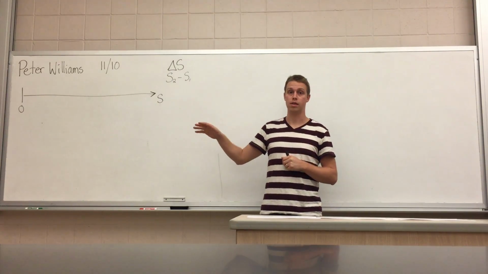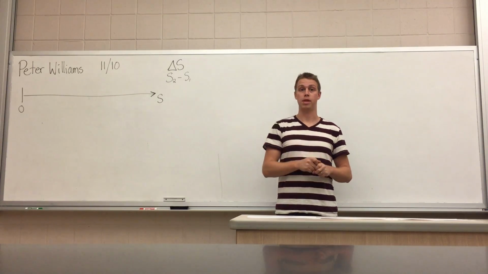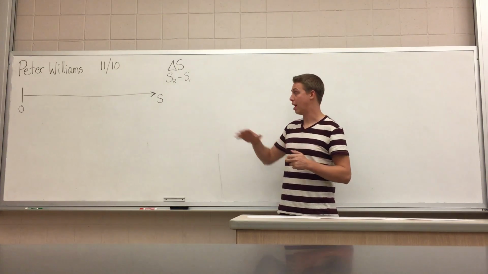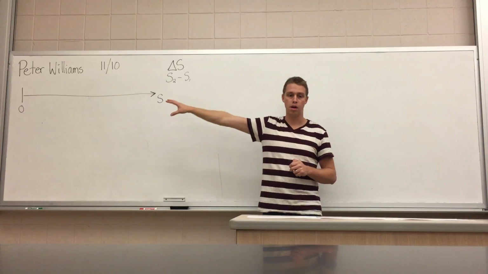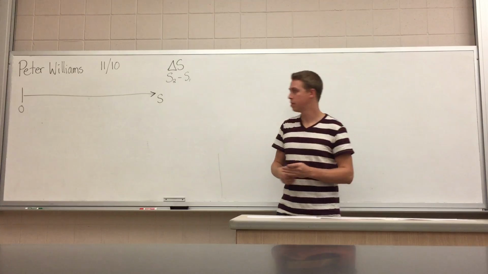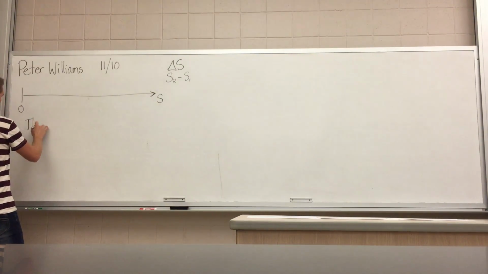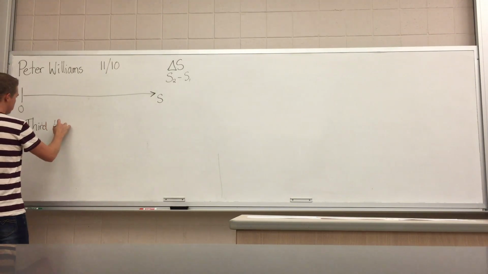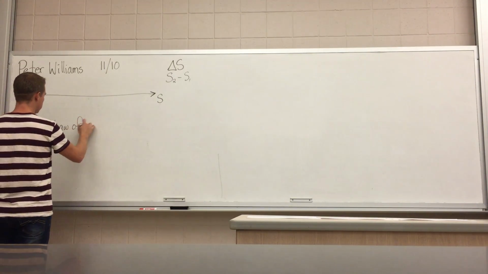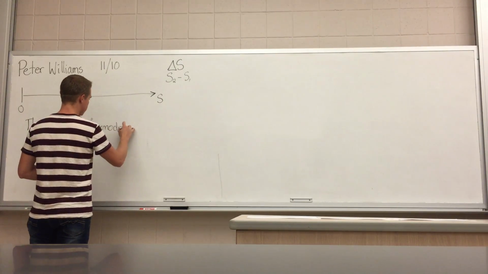Neither of those quantities, their 0 points didn't require a law. But with entropy, we do. We have a whole law just talking about how to define the 0 point of entropy. And that law, as we've briefly discussed, is the third law of thermodynamics.